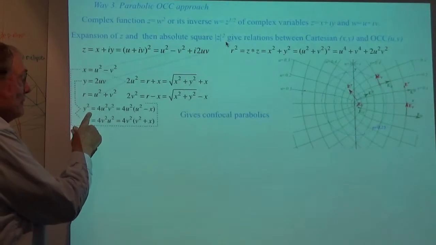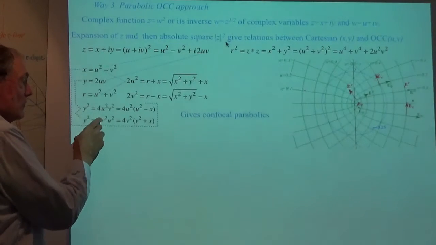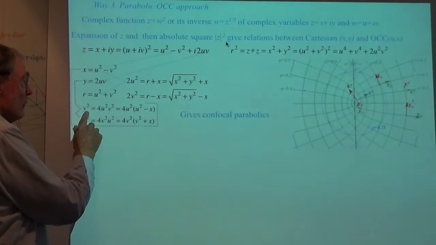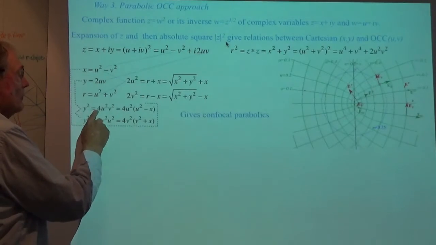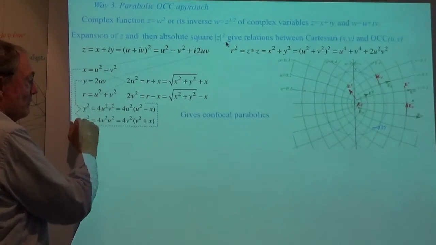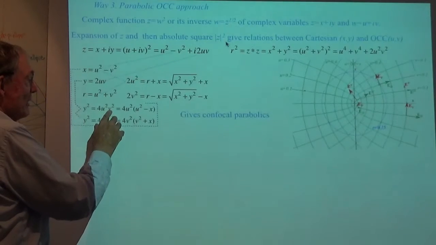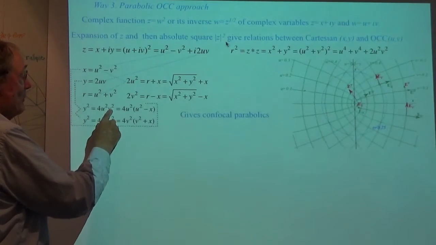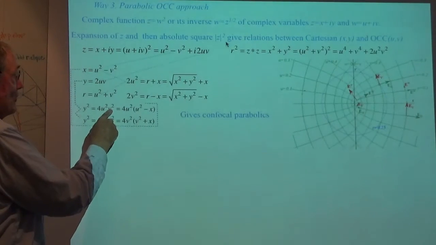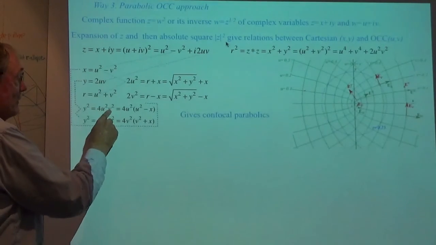However, the classic equation for a parabola, y squared equal 4p times some variable. Well, in this case, what I do is I say, okay, it's 4u squared v squared. That's the y squared. That's this thing squared, okay?